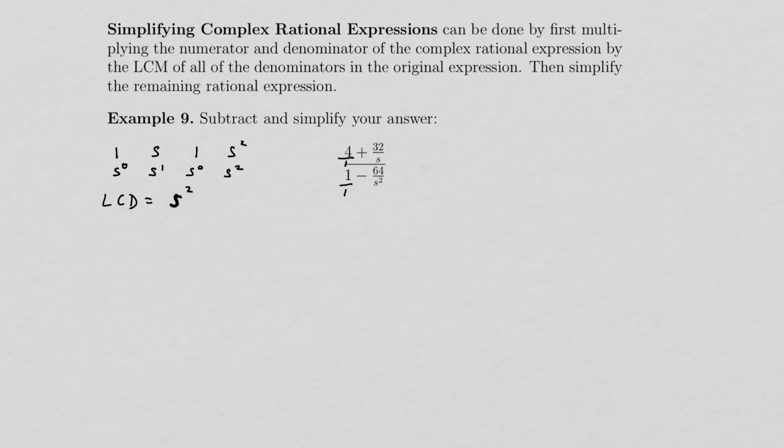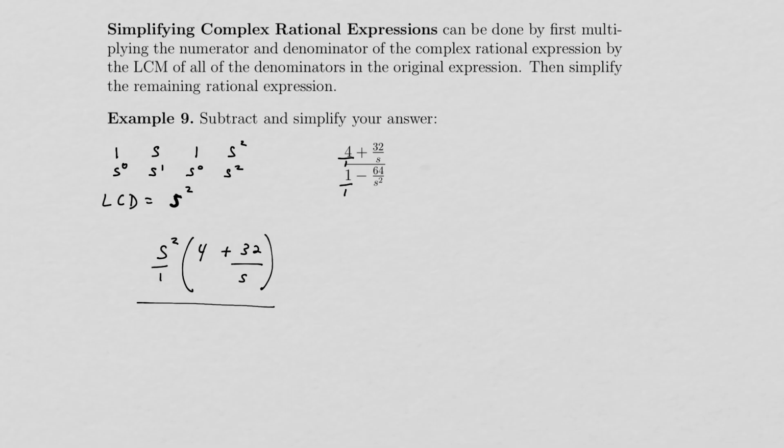And then what you would do is you would multiply the numerator of that complex rational expression and the denominator by that lowest common denominator. So in other words, I'm going to multiply the entire numerator by s squared. So I'll write it this way. If you want, you can put it over 1.